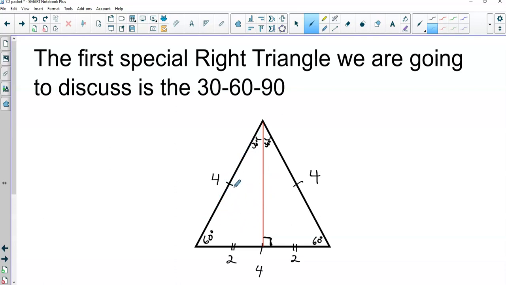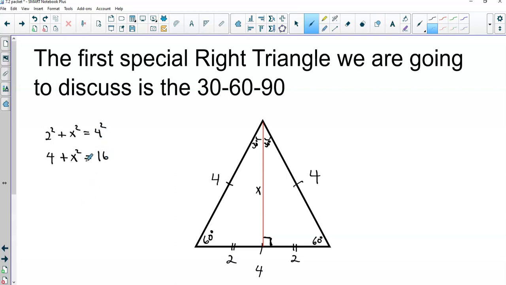So we have that the hypotenuse is 4, one of the legs is 2, and the other leg, that's what we're looking for, so I'm going to mark that with x. Okay, so we have that 2 squared plus x squared is equal to 4 squared. That means that we have 4 plus x squared equals 16.